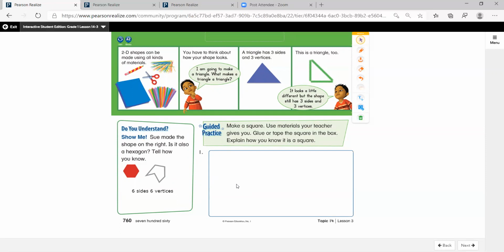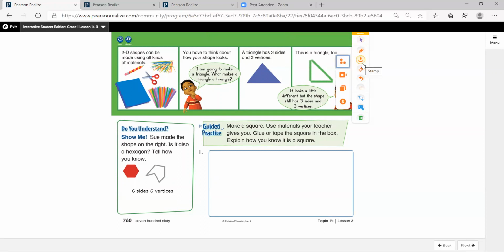Now you're going to try making some shapes on your own. And like I said, if you have some supplies to use around your house and you want to be creative to make and build your shapes, you may do so. But if not, that's okay. Just make sure you're practicing by drawing how to make each shape. So in number 1, it's asking us to make a square.